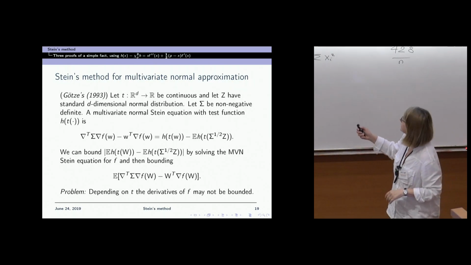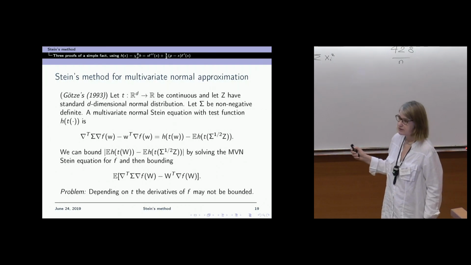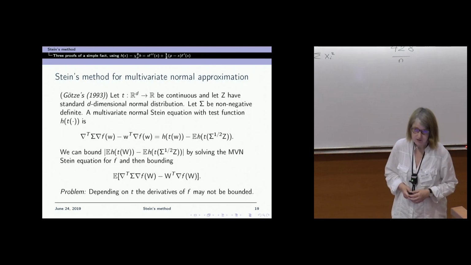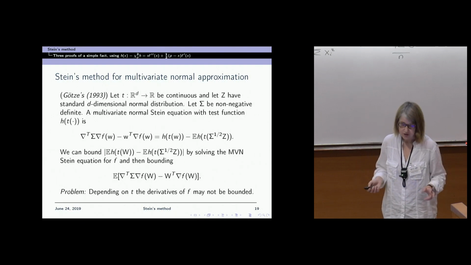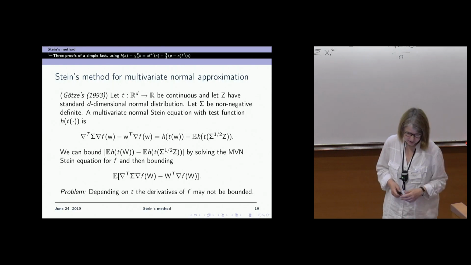And we can set up the Stein equation. So this is the second derivative with the covariance matrix sigma, where nabla is the gradient operator. So this form is gradient operator transpose sigma gradient operator f minus w transposed gradient f.